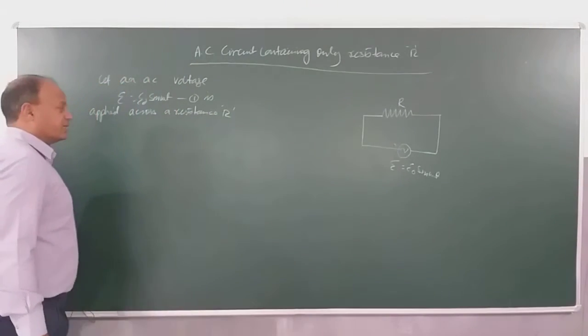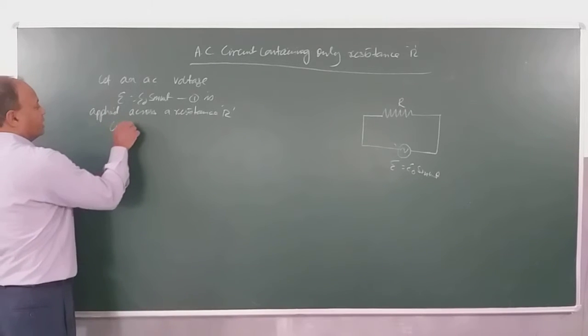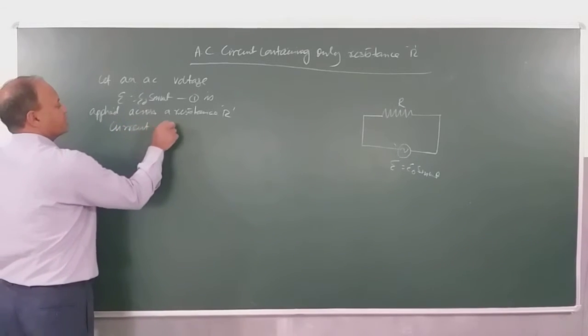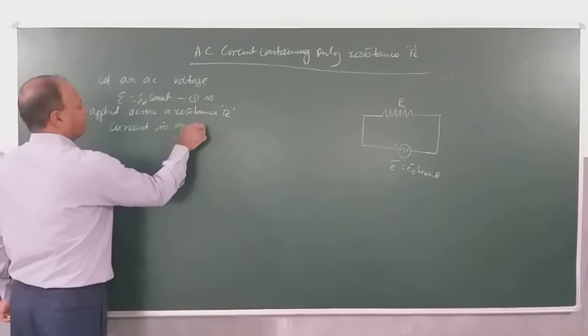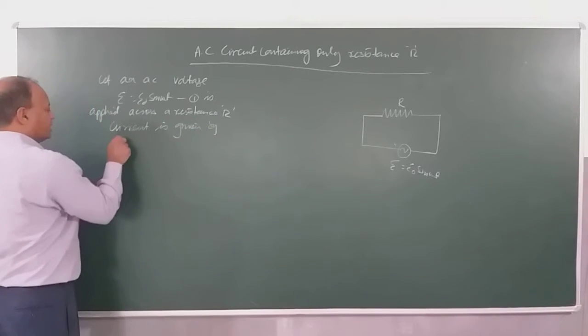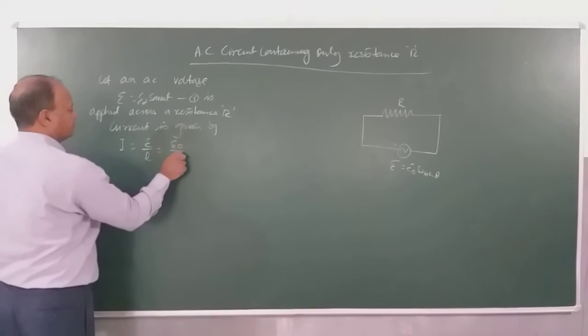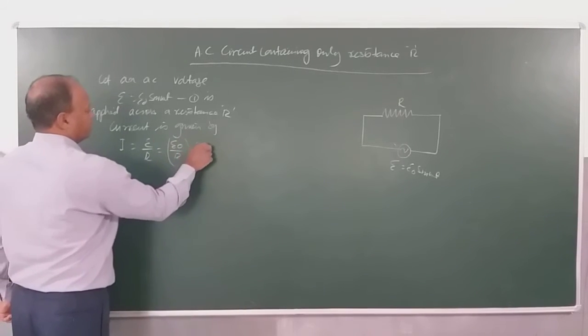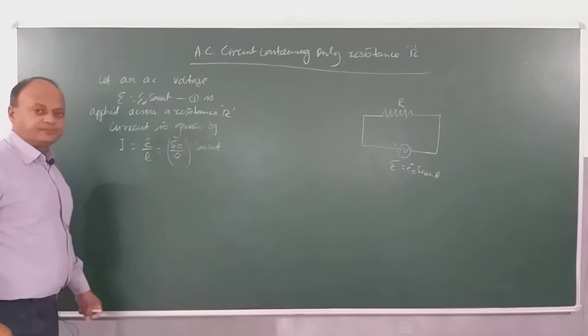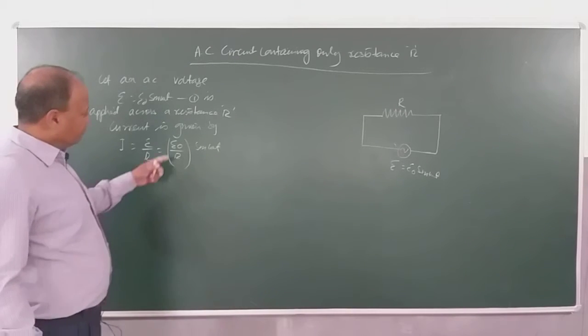So current in the circuit is given by, you know the basic formula, I equals E by R, this is E0 by R sin omega t. Clear?